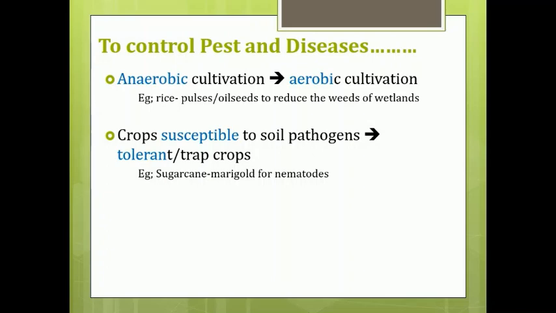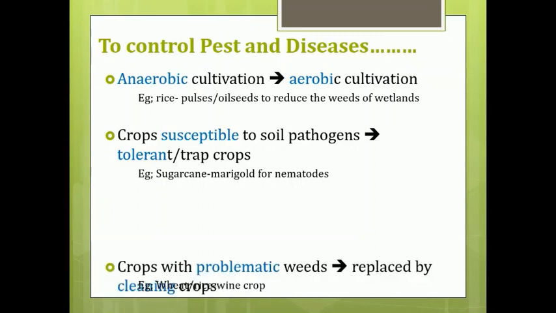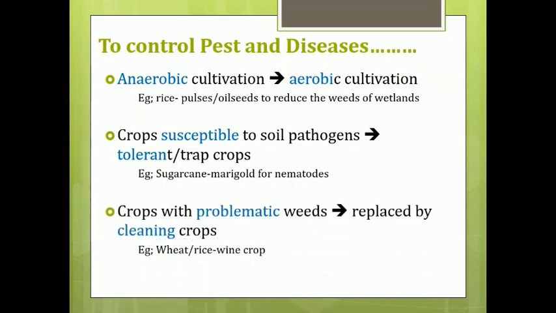Crops which are susceptible to soil pathogens should be followed by tolerant or trap crops for soil pathogens. Example, sugarcane can be followed by marigold, basically to control nematodes. Crops with problematic weeds should be replaced by cleaning crops.